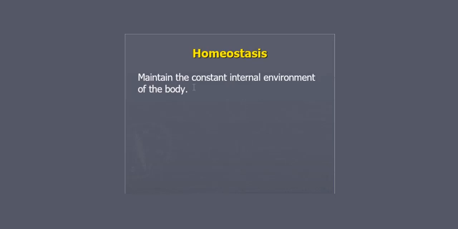For the functioning of homeostatic mechanisms, the body must recognize the deviation of any physiological activity from the normal limits. Fortunately, the body is provided with appropriate detectors. We call them receptors, which recognize the deviation. Then these receptors sense the deviation and send an alert to the centers by afferent neurons.